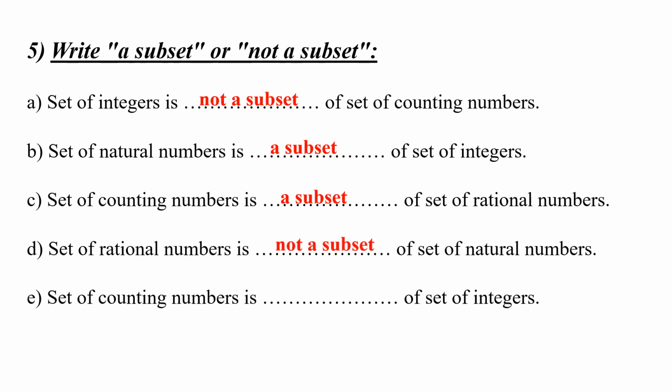It is not a subset of the set of natural numbers. Letter E, the set of counting numbers is blank of the set of integers, so counting is a subset of the integers. Counting contains 1, 2, 3 and so on, and integers also have this part.